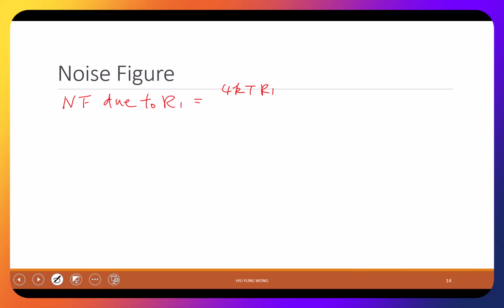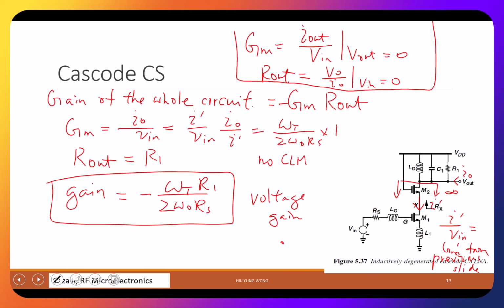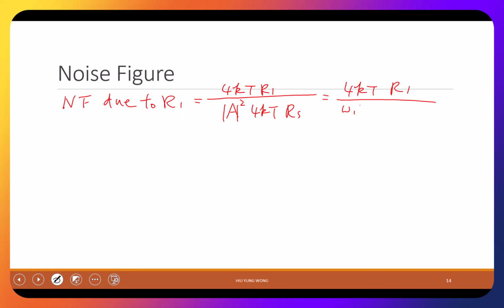But then I need to divide by the gain square and then refer to 4kTRs, right? And what is the gain? We just found the gain from the last line. What is that? It's this one, right? So it is omega 1 R1 divided by 2 omega 0 Rs, the whole thing square, times 4kTRs.